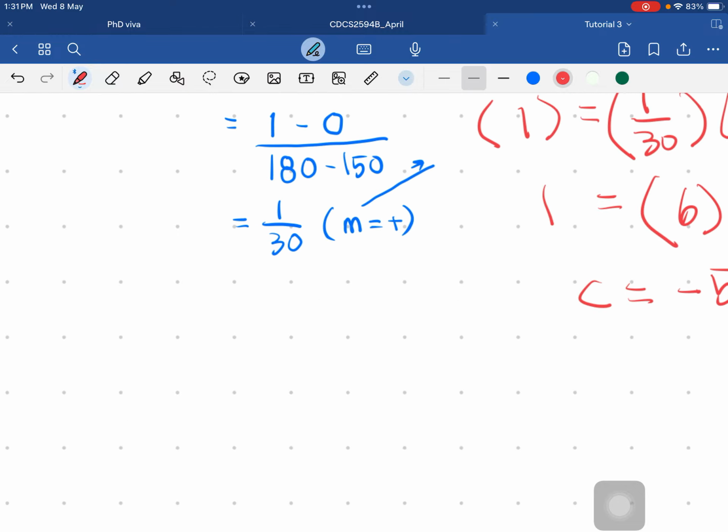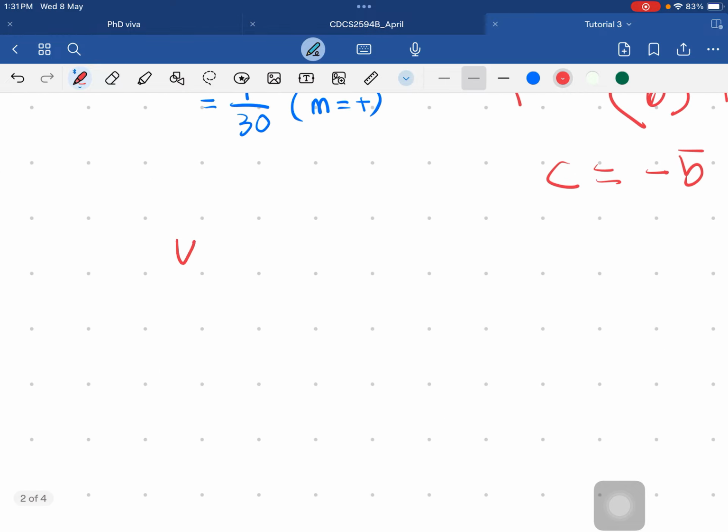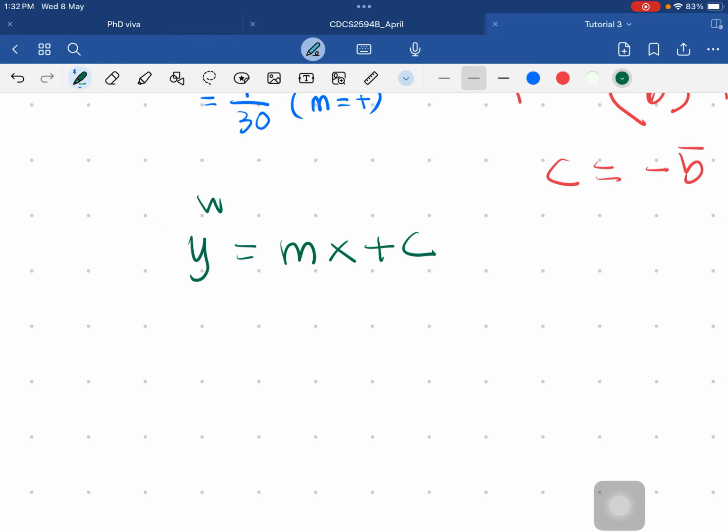Right, so you will be having here y equal to mx plus c, where x is equal to 165.